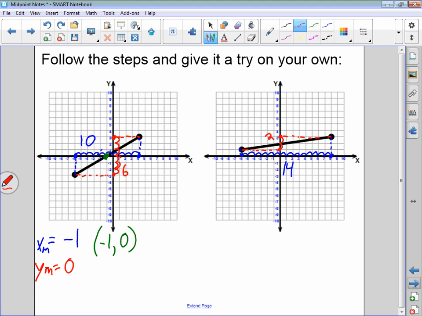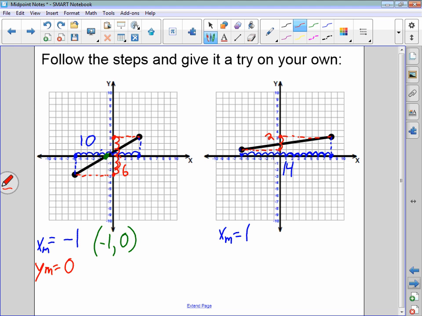I take half of 14, which is 7, so my x value for my midpoint will be 7 over from either of the endpoints. 1, 2, 3, 4, 5, 6, 7. I'm at 1.